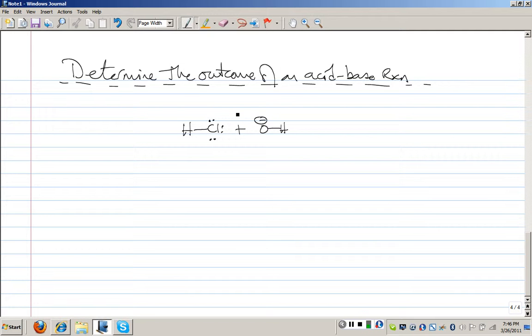I can easily see a case where the HCl can act as a base, because it has lone pairs of electrons that can donate electron density, and that's my definition of a base. I can easily see the hydroxide acting as an acid because it has protons on it, so it can function as a proton donor. And I know that things like oxides exist. So maybe one option is the HCl reacts with the hydroxide and gives rise to a product.